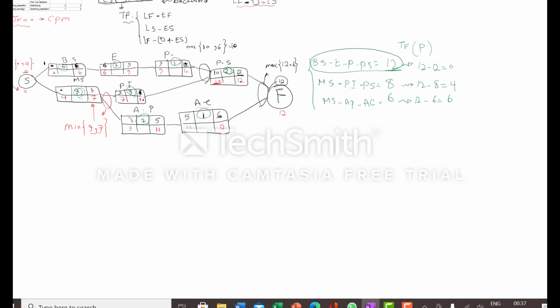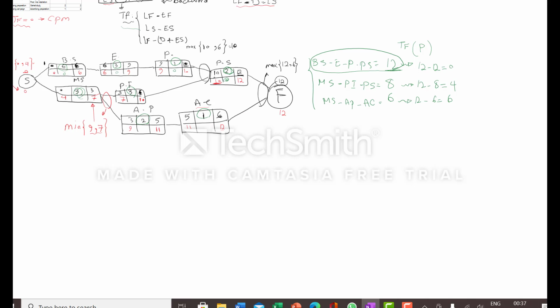For this activity, the total float should be calculated by this formula. For example, subtracting 12 from latest finish, it equals 0. 10 minus 10. This path, all of the activities have 0 total float, so it shows our critical path method.